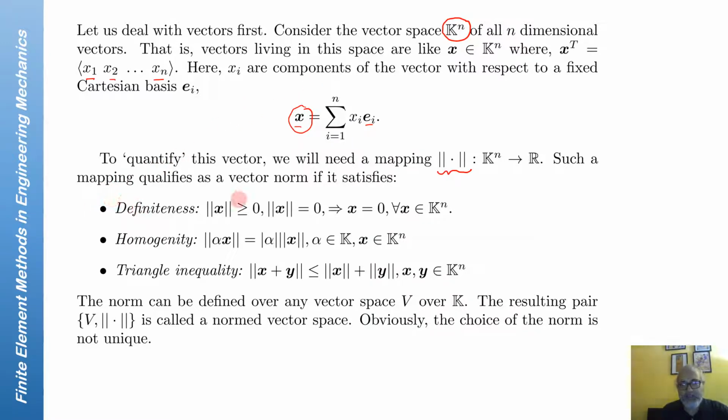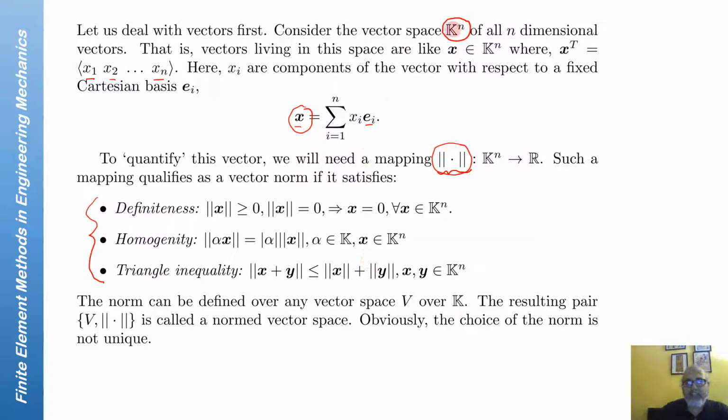For example, this norm should be 0 only when x is identically equal to 0, otherwise not. If you multiply all elements of x with alpha, then it should increase by just alpha. Then there's the triangle inequality, not very important for us, but these are general rules that any kind of norm of a vector must satisfy.